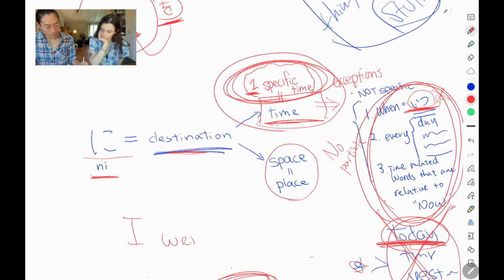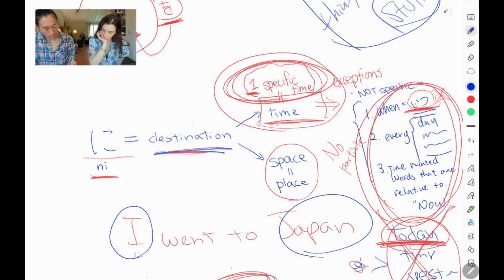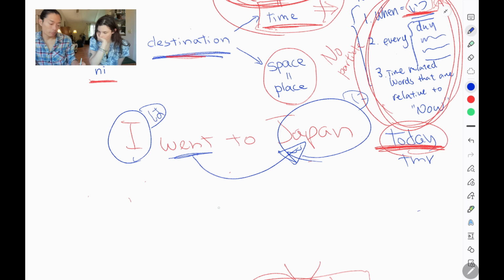With this, we can say, for example, I went to Japan. In this case, noun is here and here. Which particle would you use? Wa. Which particle would you use for Japan? Ni. Good. I went to Japan in 2024.